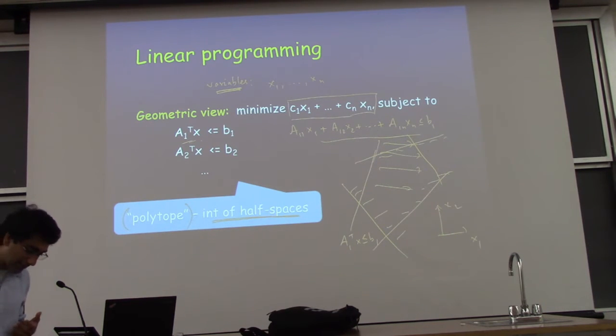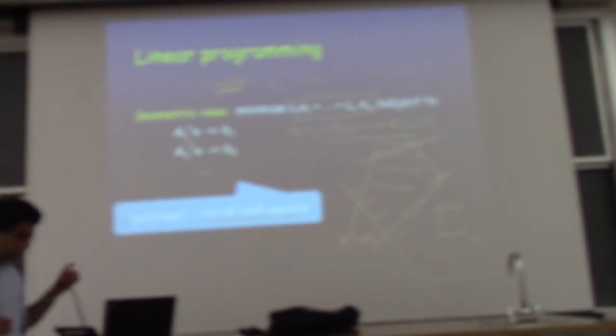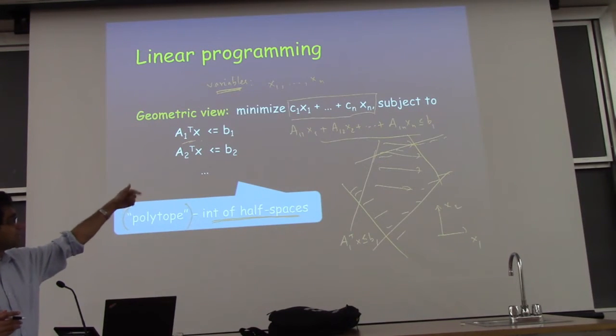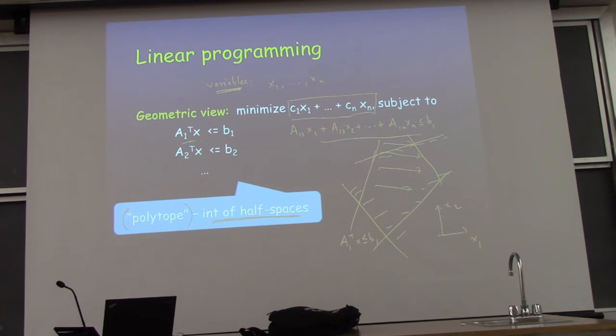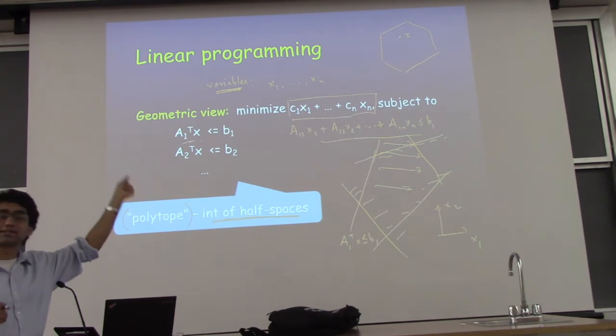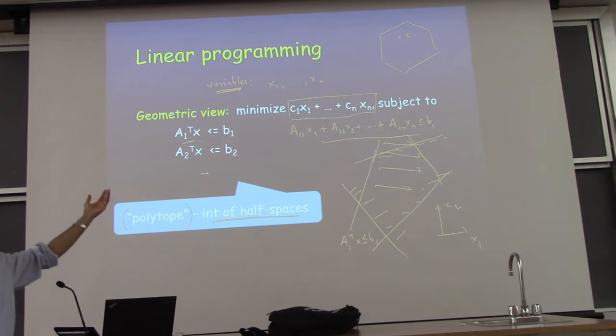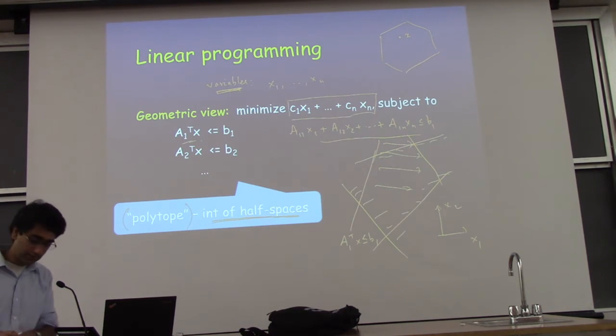So I guess I have a slide just for you. Let's see an example of this. A linear function basically tries to find a point in this polytope. The polytope maybe looks like this, and you want to find some point x on this polytope which maximizes some linear function. And we'll see how such a point should look.